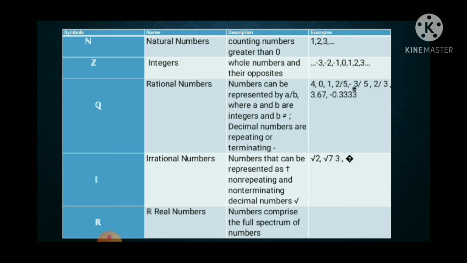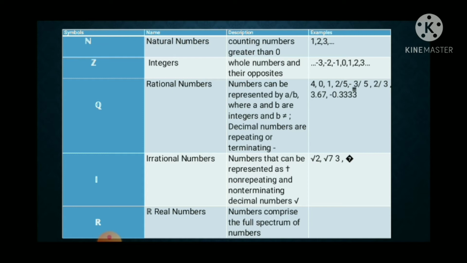So, like the example is 3.67, and after that 7 is 0, and that we call this the repeating number is 0, then it is called terminating number. The example na is 4, 0, 1, 2 over 5, negative 3 over 5, 3.67, negative 0.333. The decimal numbers are repeating, right?